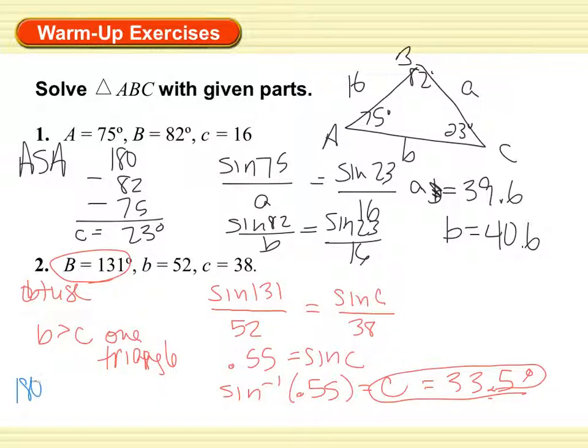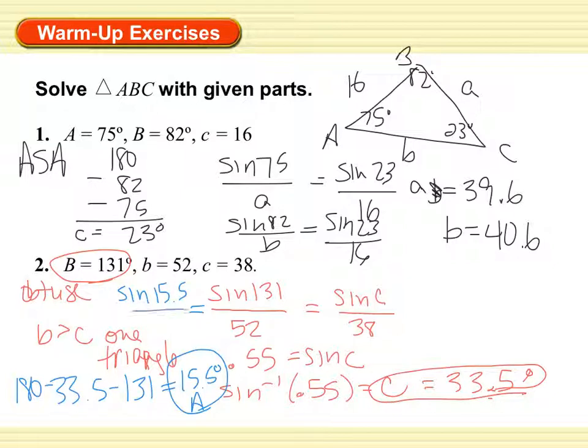So 180 minus 33.5 minus 131 equals 15.5 degrees, which is angle A. So I can do sine of 131 over 52 equals sine of 15.5 over side A. Do that math. 52 times sine of 15.5 divided by sine of 131. Side A is 18.4.